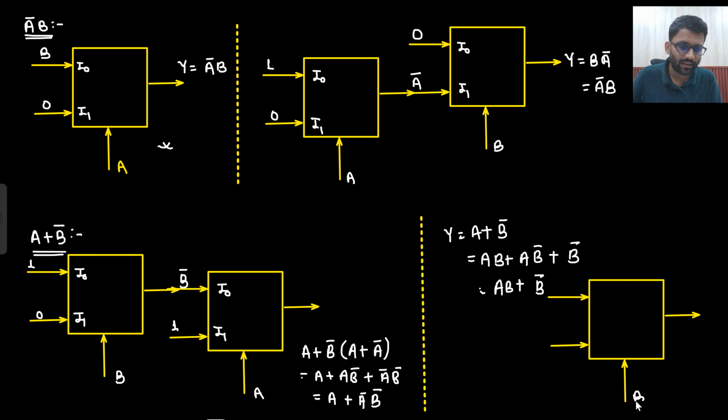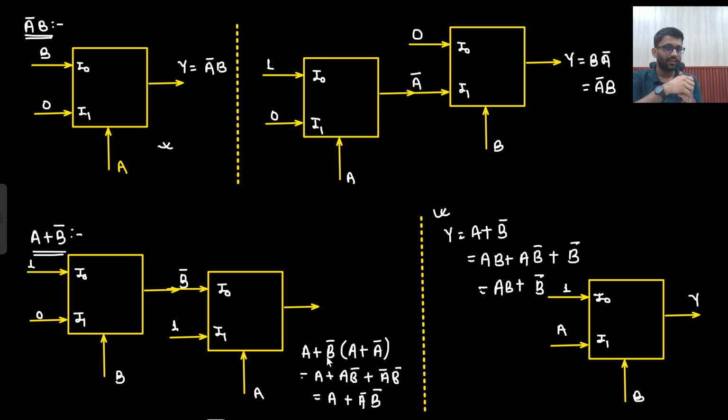If B is there, this is I0, I1. If B bar is there, this should be 1. If B is there, this should be A. So that's it: B bar into 1, B into A. This is your output Y. That's the final expression, the final design. In this one, you only need to use 1 mux, and here you need to use 2 muxes.